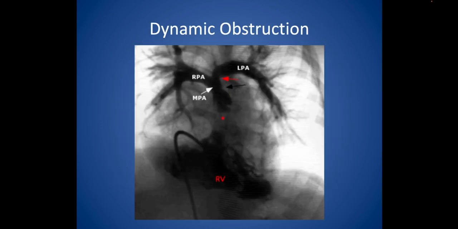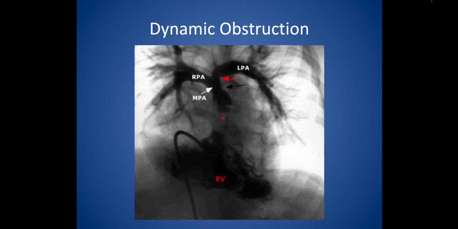Here's an example on a cath to really appreciate what dynamic obstruction actually is. This is a cath angiography showing the right ventricle. You can see at the white arrow the main pulmonary artery as well as the branch pulmonary arteries. There really is multi-level stenosis.